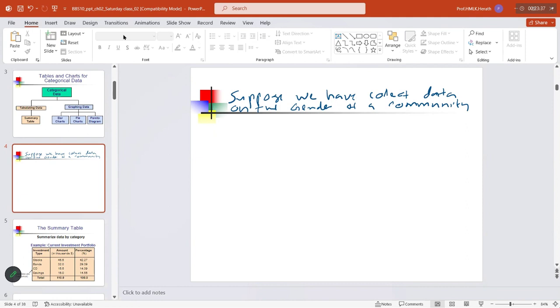So what is the type of this data? The type of this data, gender. So this is categorical data.